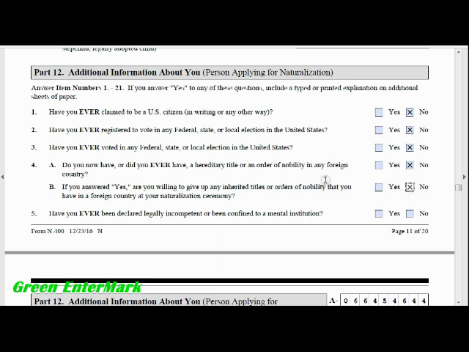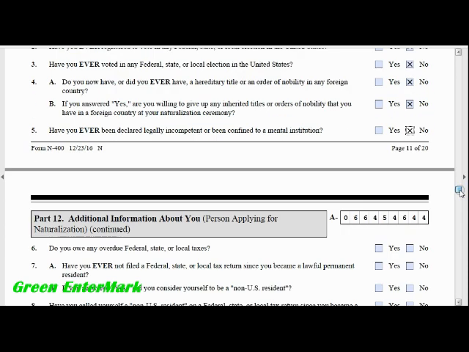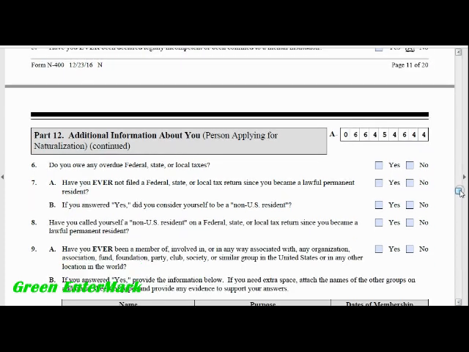Have you ever been declared legally incompetent or been confined to a mental institution? Obviously, you have not. If yes, you have to mention the reasons and other details. Do you owe any overdue federal, state, or local taxes?